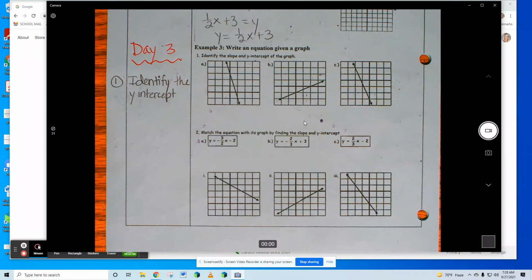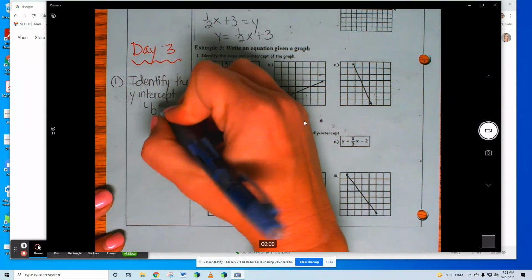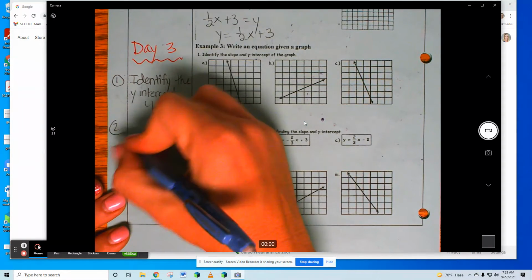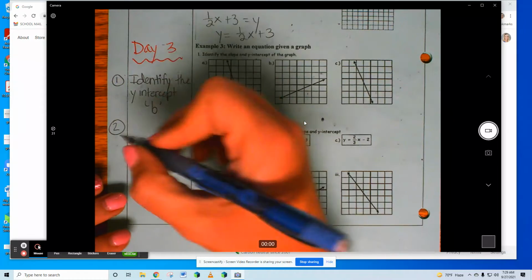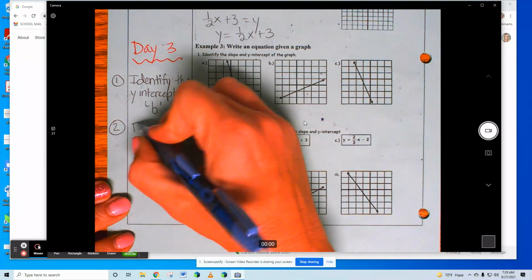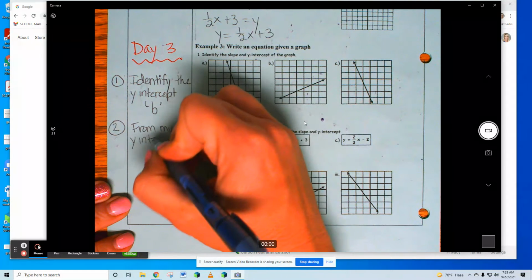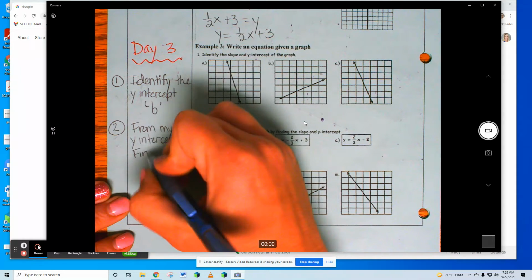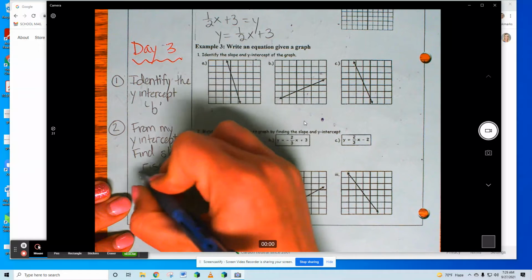That's going to be my b, the last number in my y equals mx plus b. Step two, from my y-intercept, you then count and find slope. The slope is going to be my rise over my run.